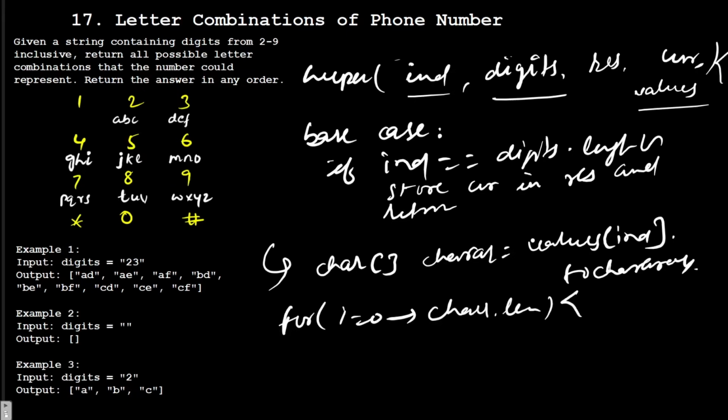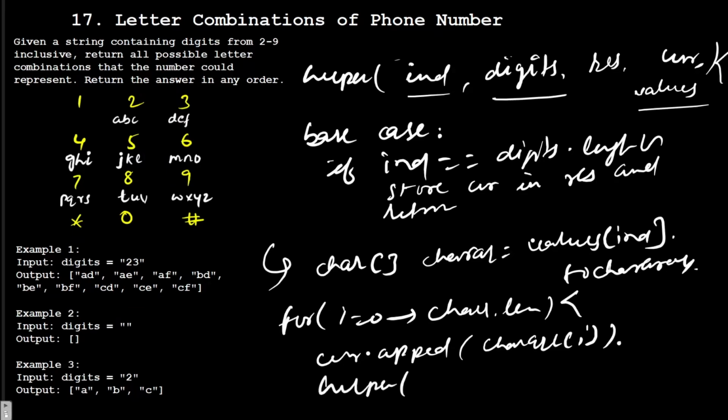First we have to add the current character into our current result, so char array dot I, and then we have to call the helper function again from here and pass all the arguments as given.